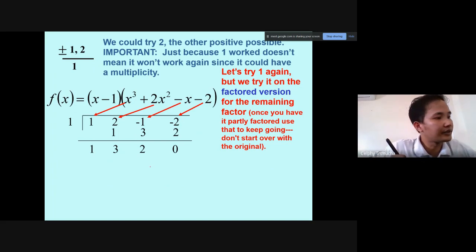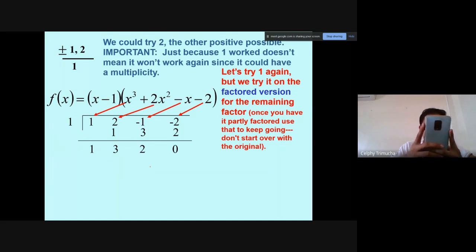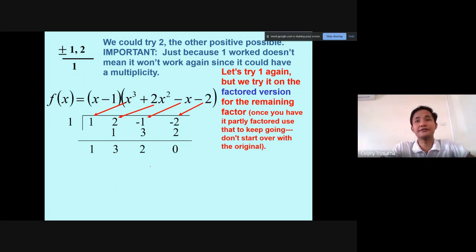Then kung i-try natin liwat ang another one, diri na sa nakuha natin nga factor, we come up with a remainder nga 0 man Japon. So both silingon, factor man Japon ang x minus 1.